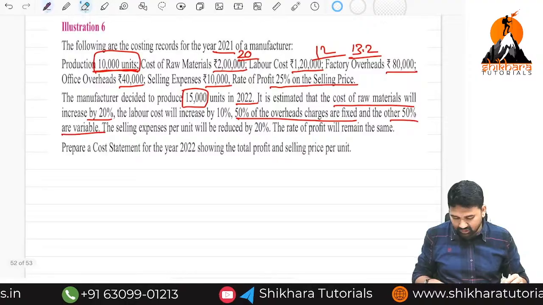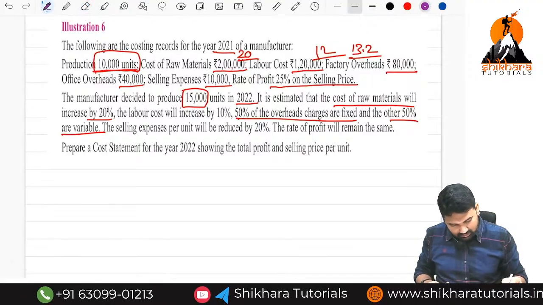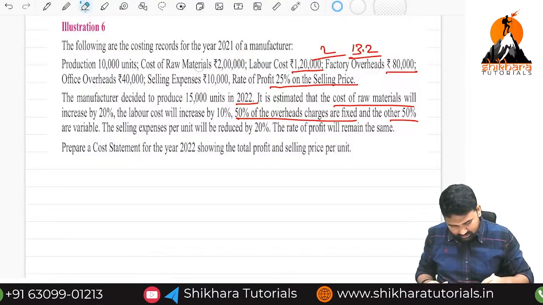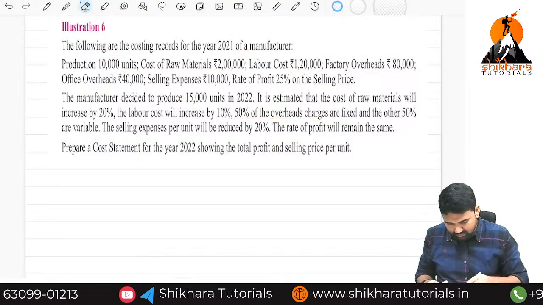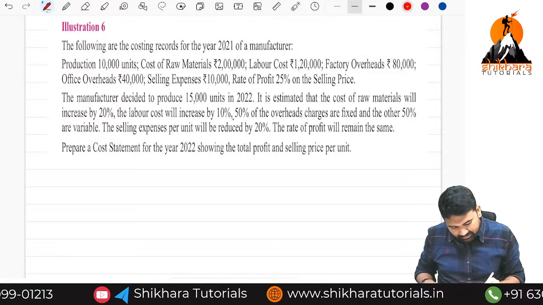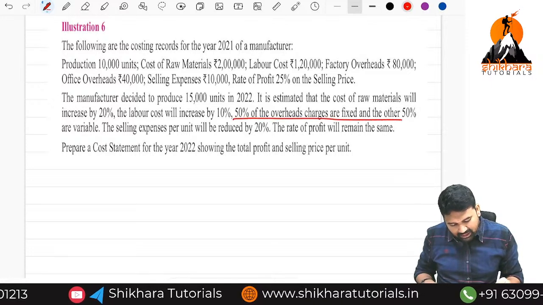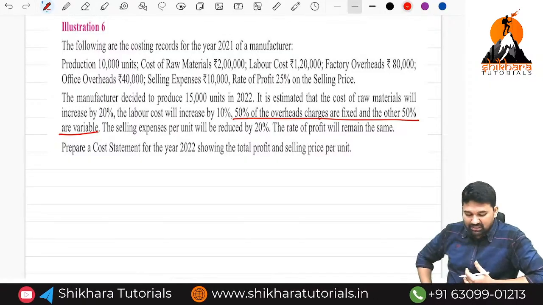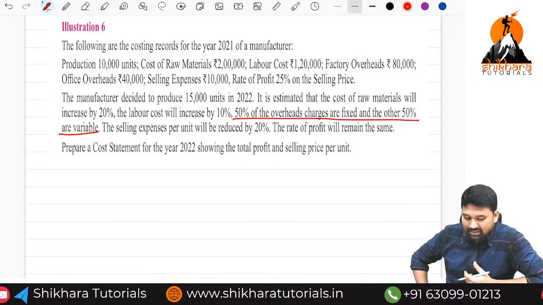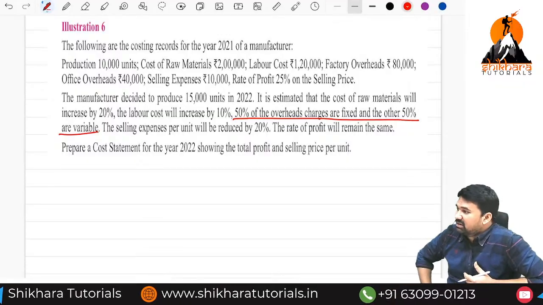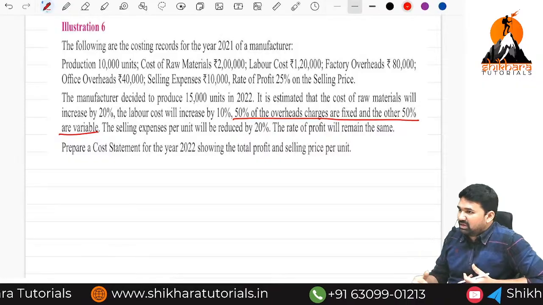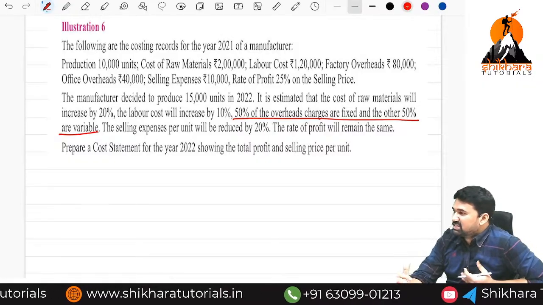Right, listen carefully. Read out the underlined topic. 50% of the overheads charges are fixed and other 50% are variable. So out of total overheads, 50% is fixed overheads.